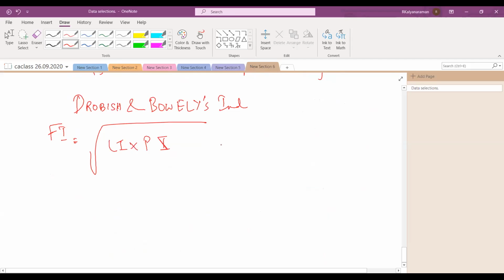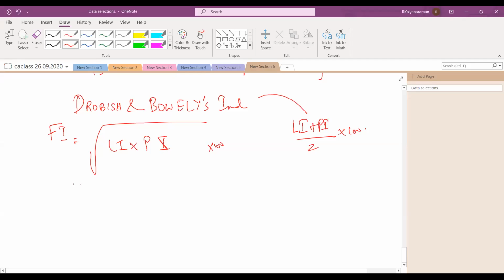This into 100. This is a geometric mean. What is this number? This is an average, arithmetic mean of Li plus Pi by 2 into 100. So they have asked an interesting question.